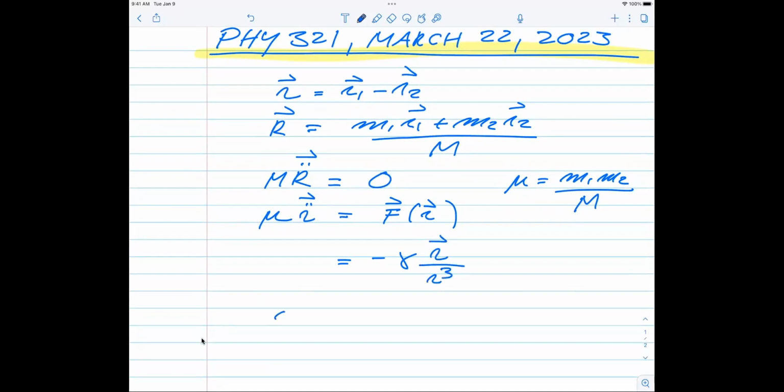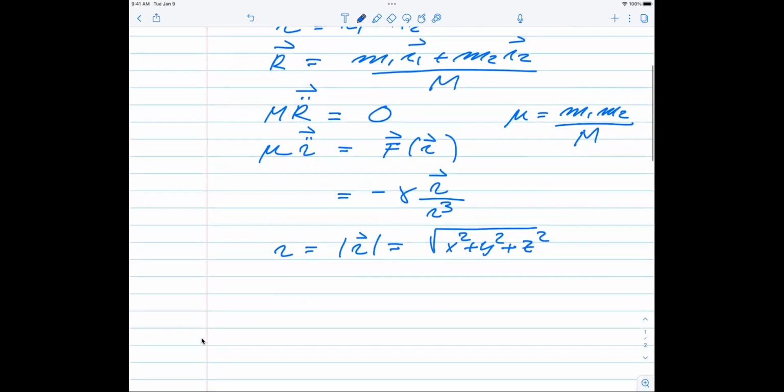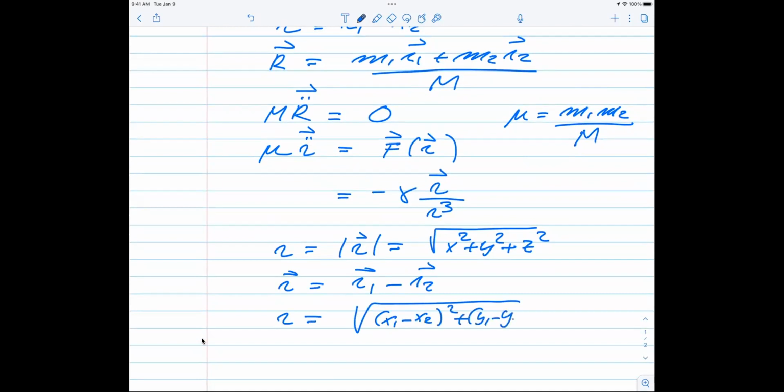So let me quickly remind you, R is given by the absolute value of R. And if we are in 3 dimensions, this is obviously the square root of x squared plus y squared plus z squared. In our case, R being the difference between R1 and R2, so just a quick repeat of what we derived on Monday. That means that in this case, the absolute value is then given by the square root of x1 minus x2 squared plus y1 minus y2 squared.